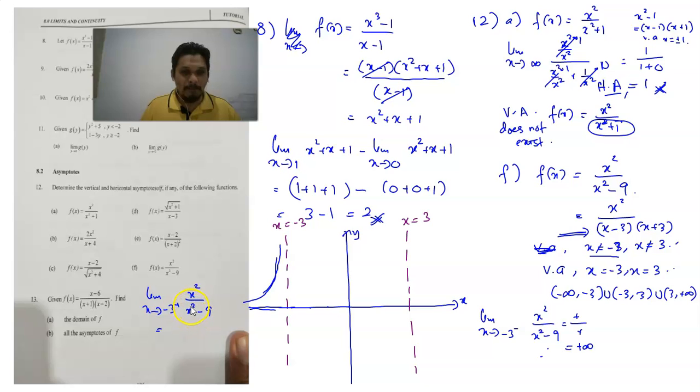So 8.41 minus 9 gives you negative, right? Positive divided by negative, negative infinity. So when x approaches negative 3 from the right, the graph is sliding down, approaching negative infinity. Intersection at y, x equal to 0: 0 divided by 0 minus 9 equals 0. So the graph intersects here.